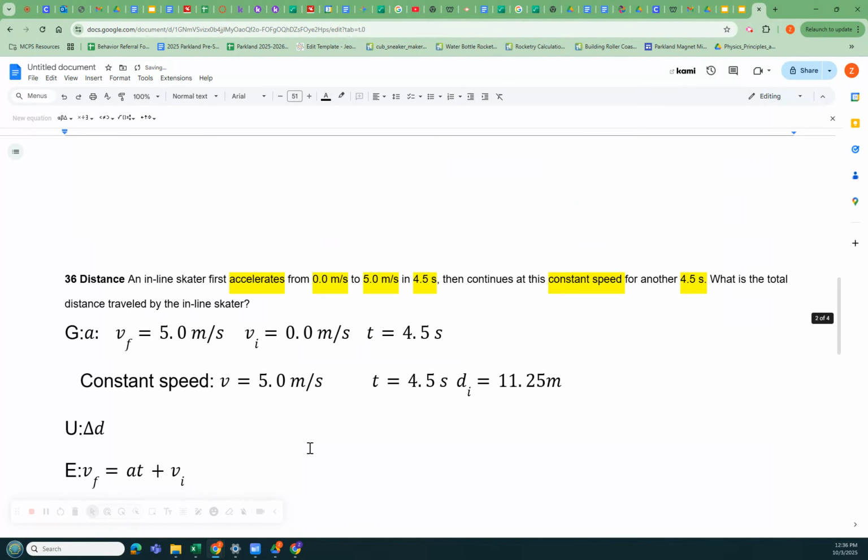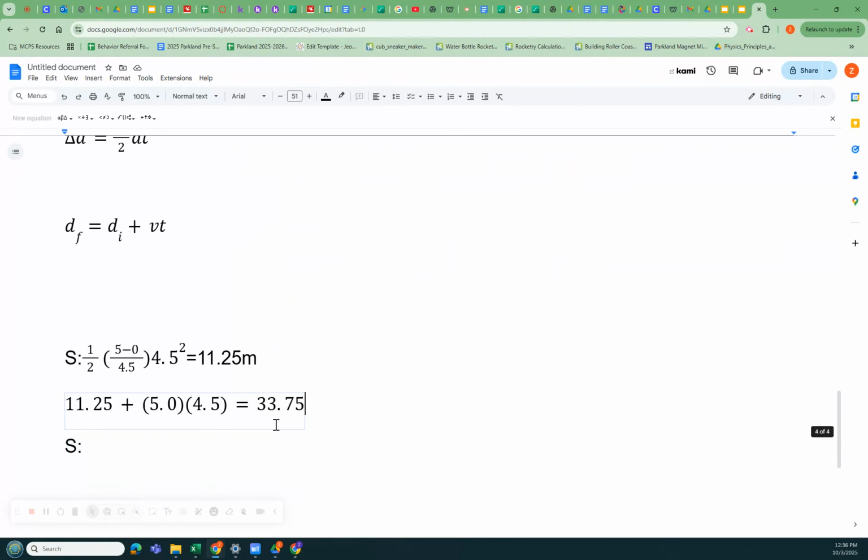Let's look at significant figures. Got to go all the way back to the problem. Well, this right here has 2 significant figures because of that decimal. I'm going to count all the zeros. This has 2. This has 2. And so does this. So our final answer should have 2 significant figures. So our final answer will be 34 meters.